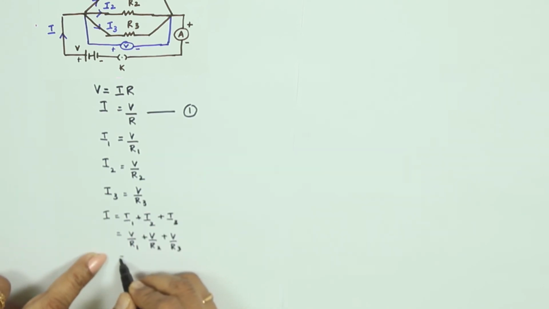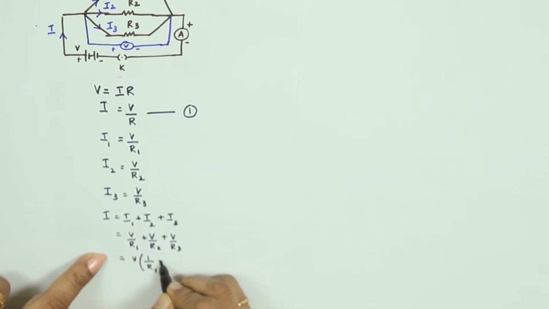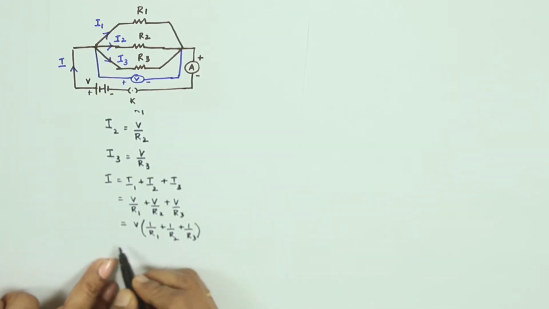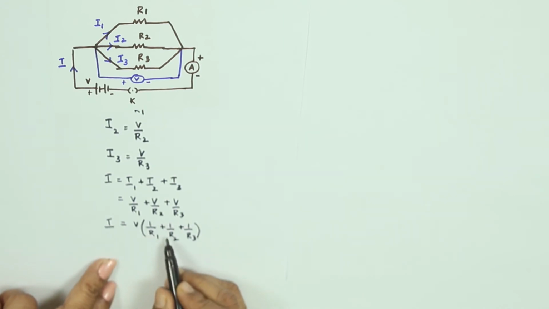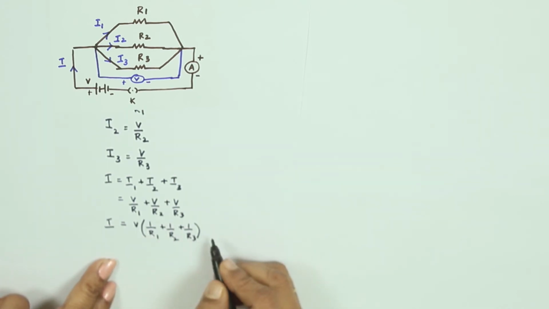Now, let us take V common. So, we get I is equal to V into 1 by R1 plus 1 by R2 plus 1 by R3.